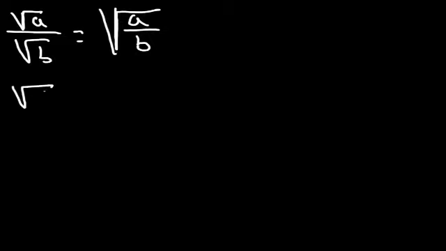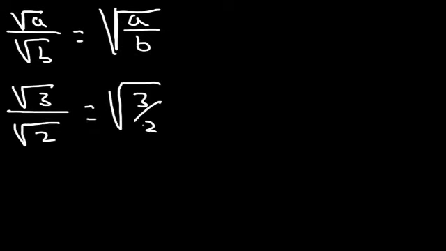If I consider the same cases, this will be equal to square root of 3 over 2. And if they are the same thing, you notice that whenever a certain value is dividing itself, the result will always be equal to 1. Take note of that as well.